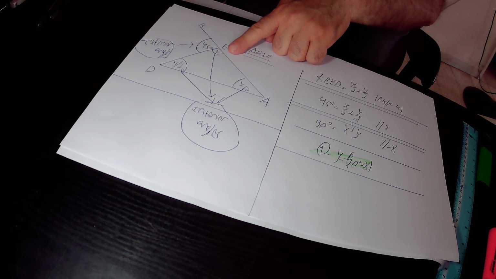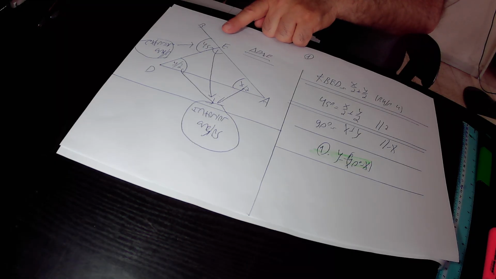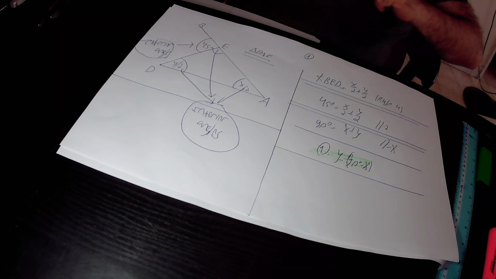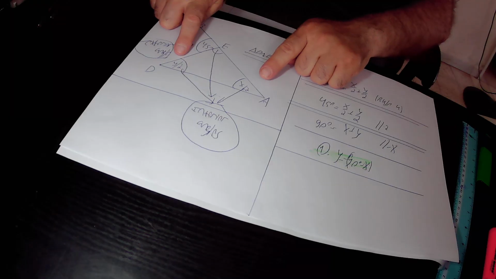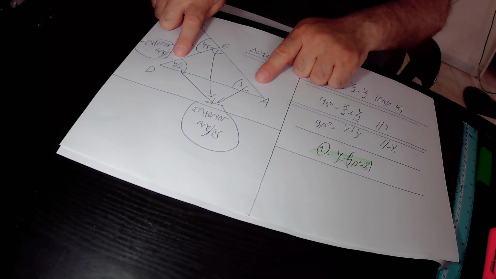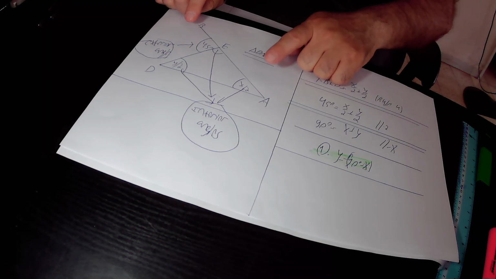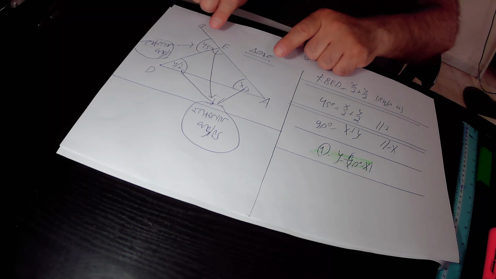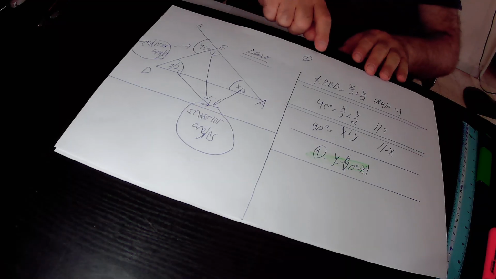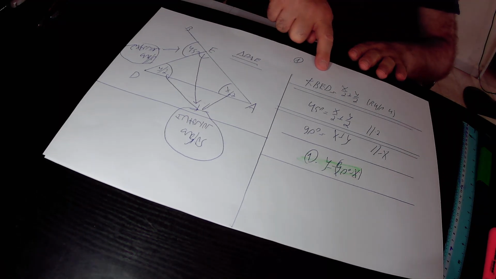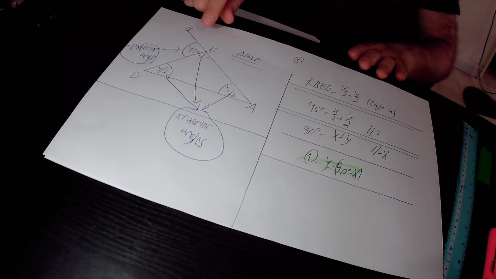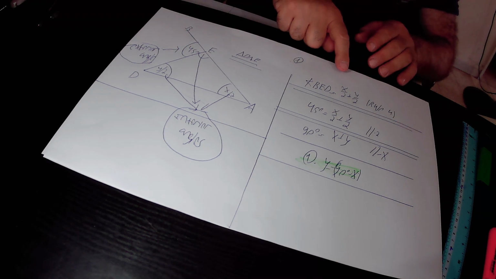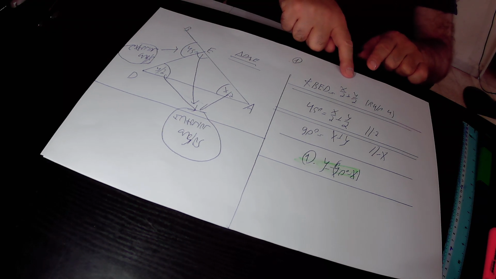This is angle DEA that is adjacent to this angle BED, and the two other angles that are not adjacent to it are those two angles, and the sum of those two angles is x over 2 plus y over 2. So the external angle BED equals x over 2 plus y over 2.